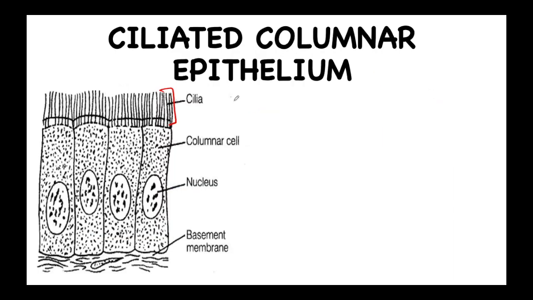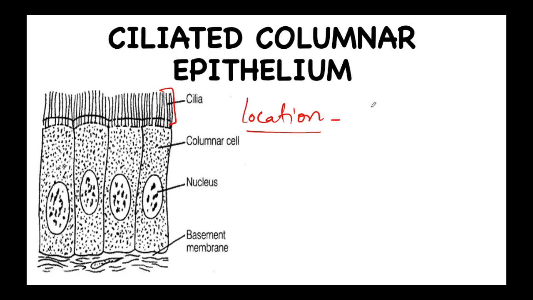Ciliated columnar epithelium is a type of columnar epithelium only when cilia are present at the free ends of columnar epithelium. In that case, it is known as ciliated columnar epithelium. And cilia are the thread-like projections which are involved in the movement of substances. So come to the location.